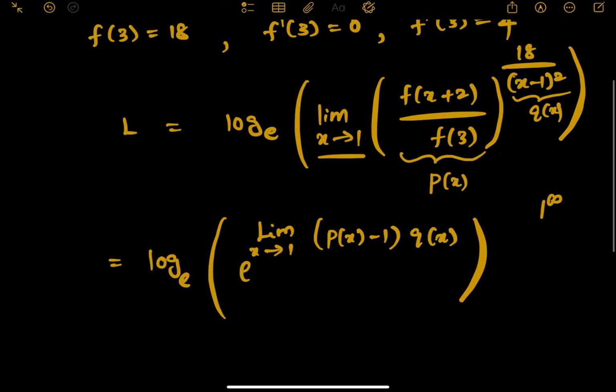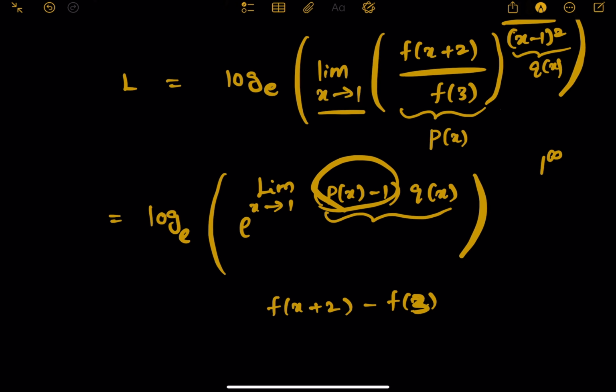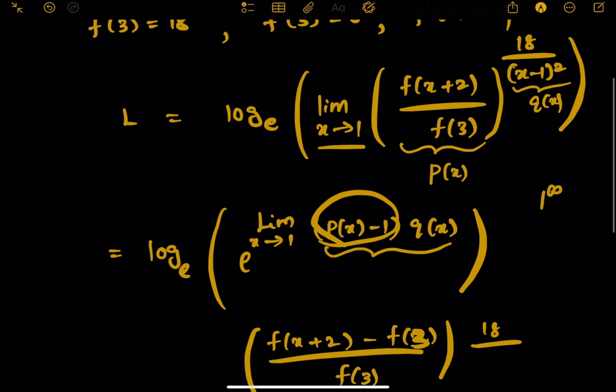Now if you just solve this very mindlessly, you will get the answer. Let us try to do that. Let us find what this is. So p(x) - 1 is (f(x + 2) - f(3)) divided by f(3), and q(x) is 18 upon (x - 1) whole square.